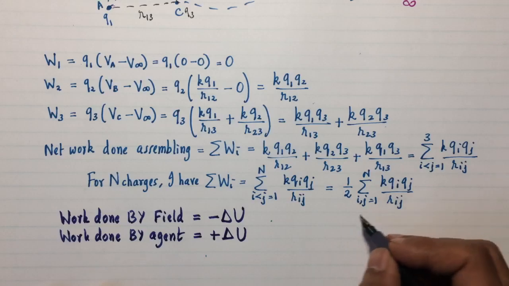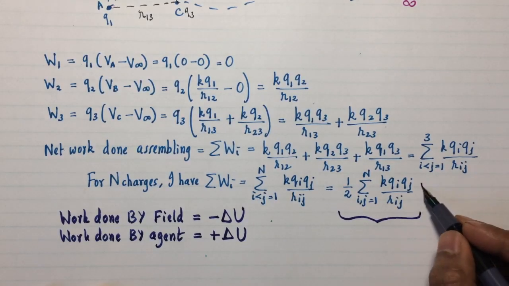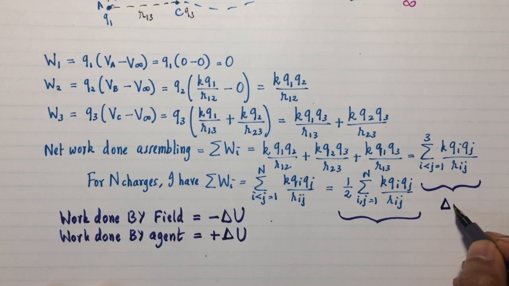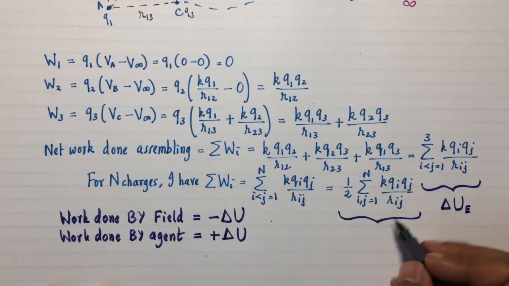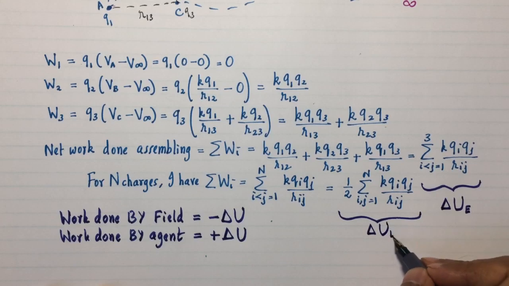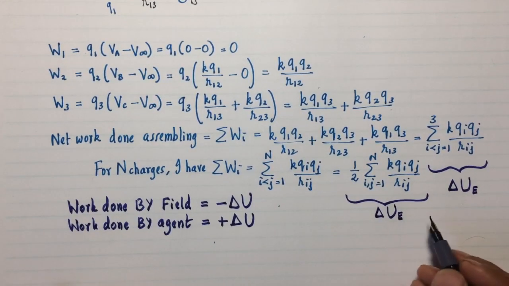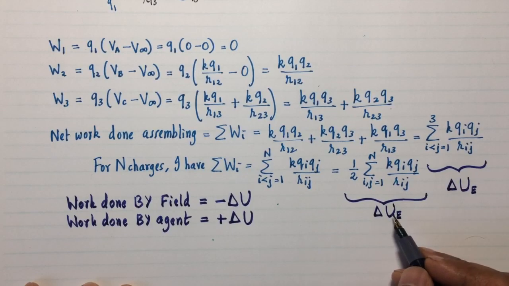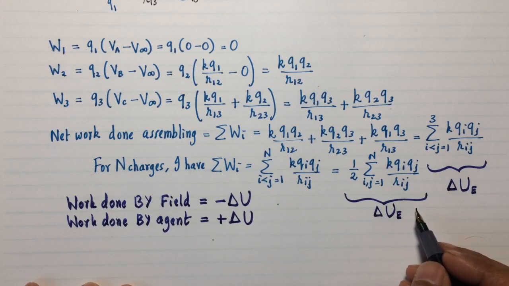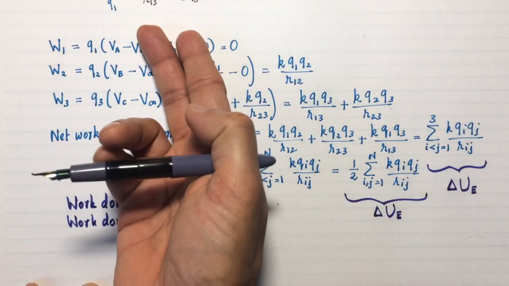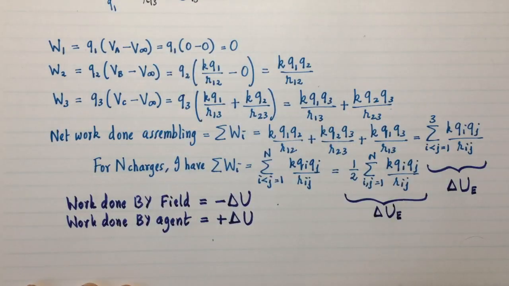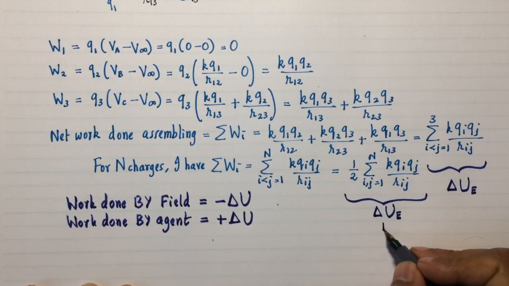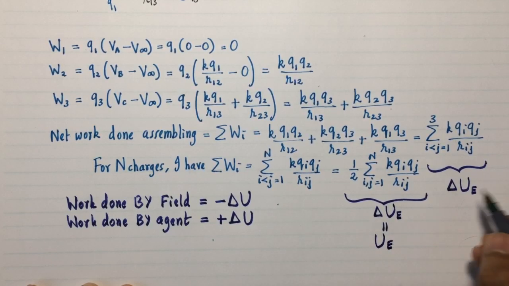So either of these two expressions also describes the electrostatic potential energy change in this process. Actually, the change in this process is the potential energy itself because the change refers to final minus initial. Well, the final potential energy is whatever you have here. The initial potential energy at infinity is 0. So this delta UE is in fact the potential energy of the system itself.